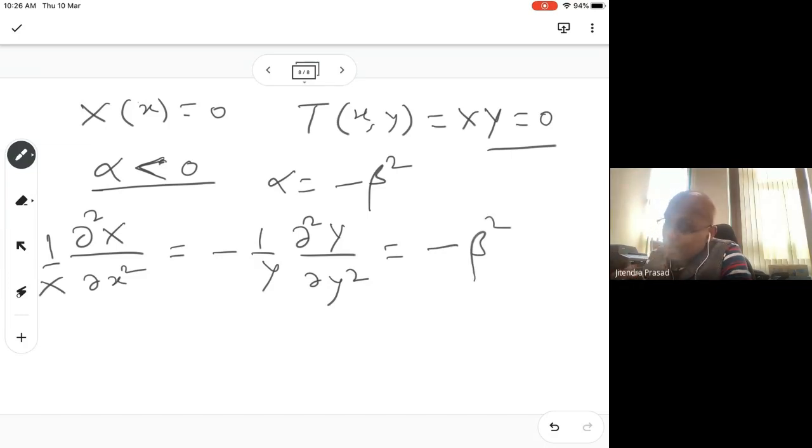And now we can see that it can be satisfied. The sinusoidal can have 0 at 2 places, right?